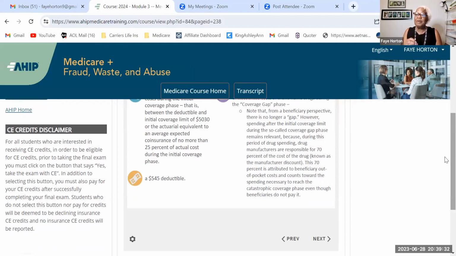So it helps the beneficiary go through the coverage gap to the catastrophic phase, which is the next phase, faster, and it's not all of their money that's counted that gets them to the catastrophic phase.